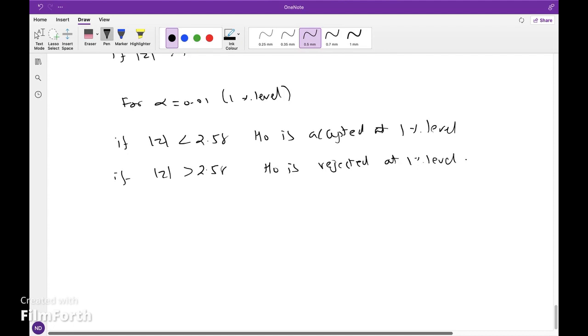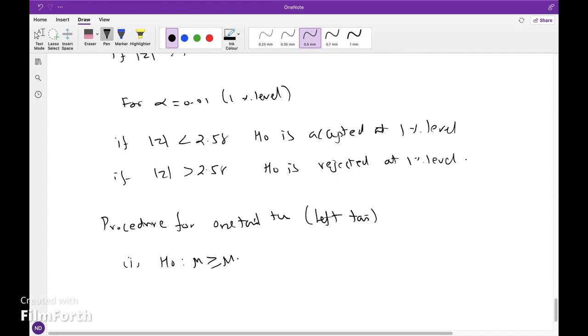Procedure for one-tailed test. Left tail: H naught, mu is greater than or equal to mu naught, H1, mu is less than mu naught.